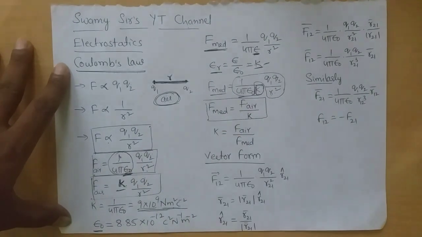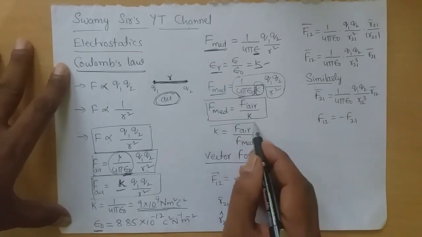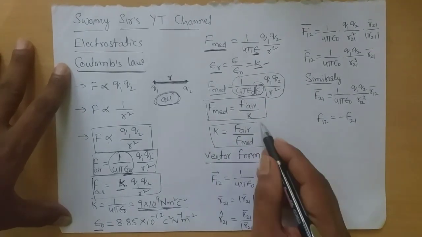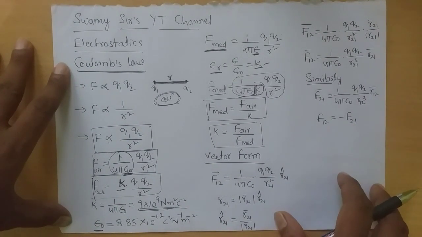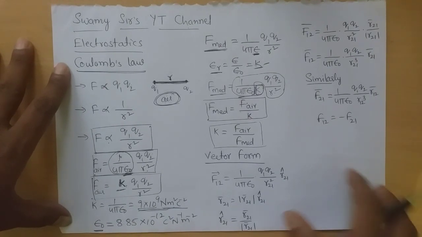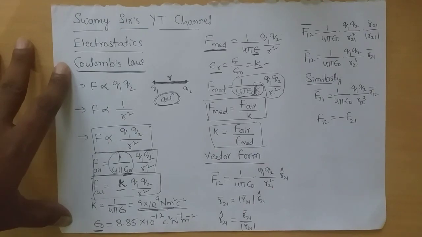From this, K equals F air by F medium. That means one more definition of the dielectric constant is the ratio of the force between two charges placed in air or vacuum to the force between the same two charges placed at the same distance in the medium. Remember these formulas.